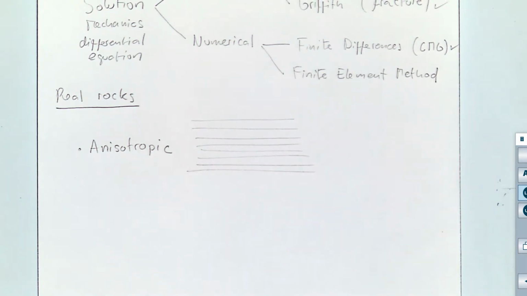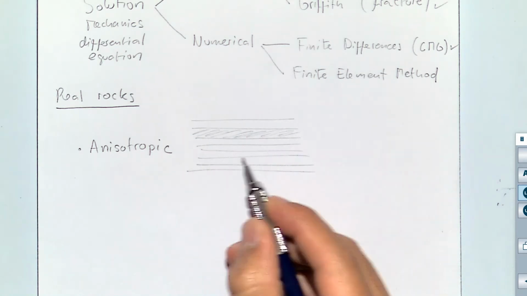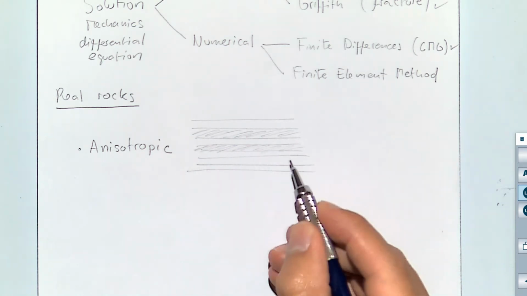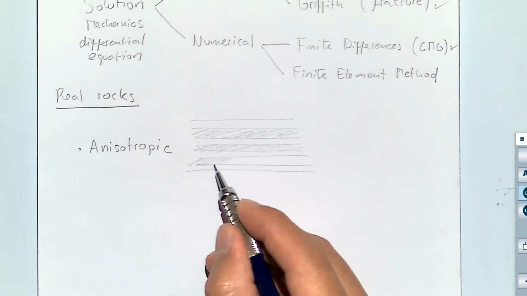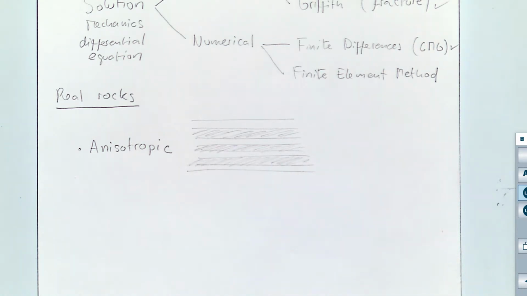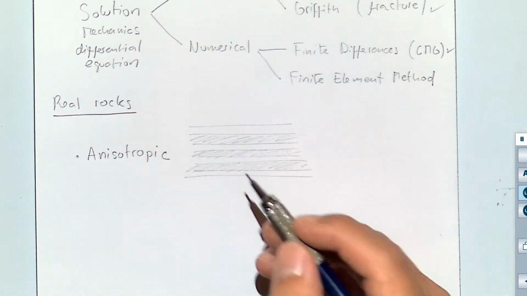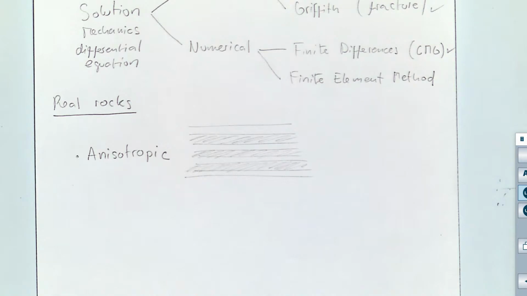So something isotropic is something which is the same in all directions. Something anisotropic is something which is not the same in all directions. And rocks, especially sedimentary rocks, the ones that we are mostly interested in, are very anisotropic because of the natural sequencing and layering of rocks as they form.